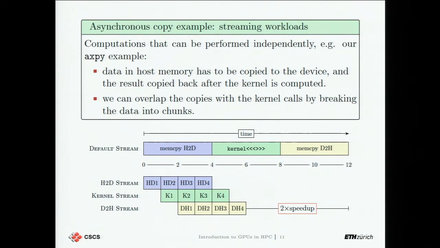When you finish copying the first chunk, immediately start copying the second chunk, and you can just chain these events together. In this situation, if we assume that copies take as much time as the kernel, we can get, theoretically, if everything synchronizes perfectly, a 2 times speed up.